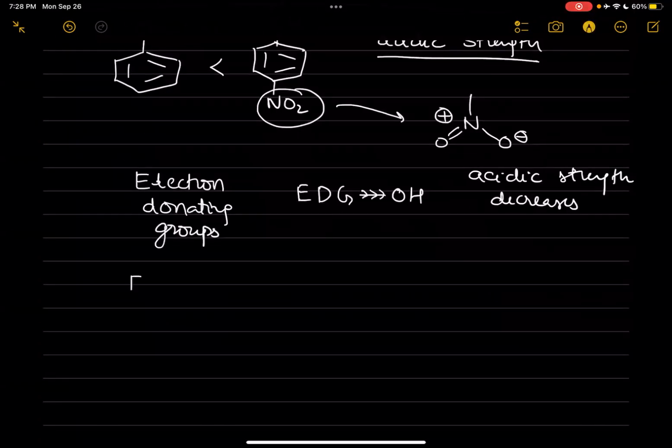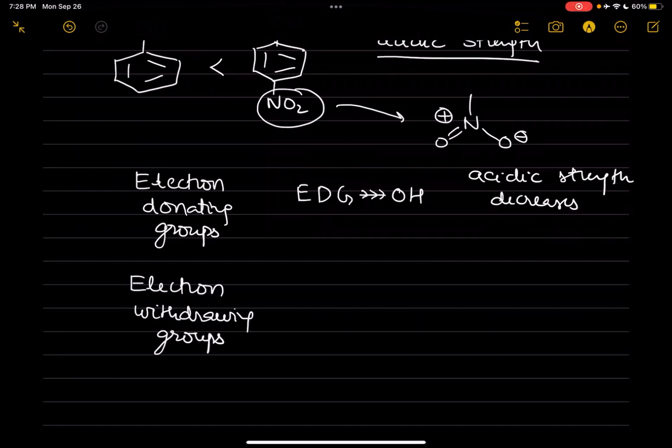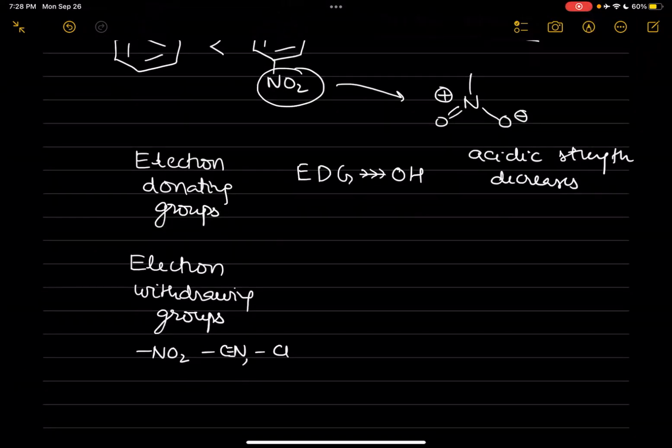And if you have electron withdrawing groups, like NO2, CN, Cl, mostly non-metallic groups, what is going to happen?